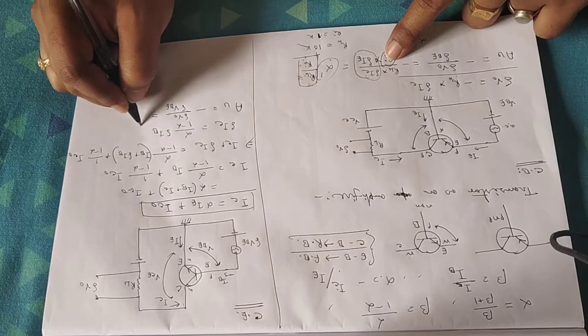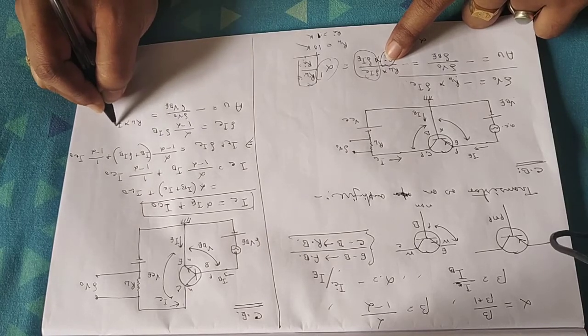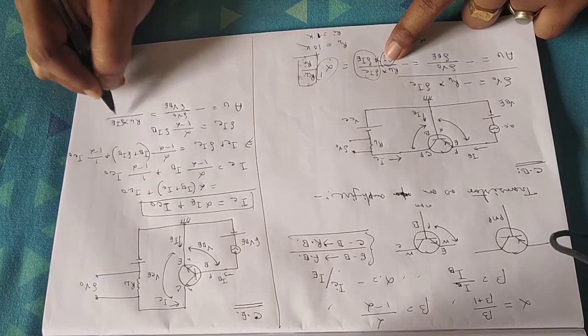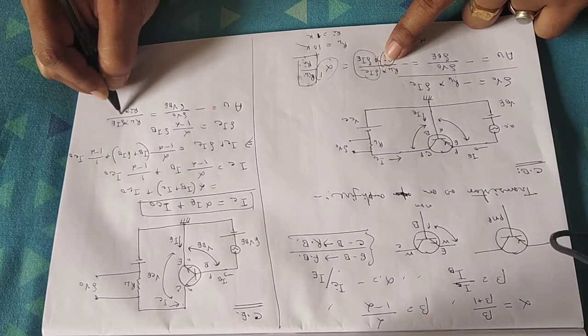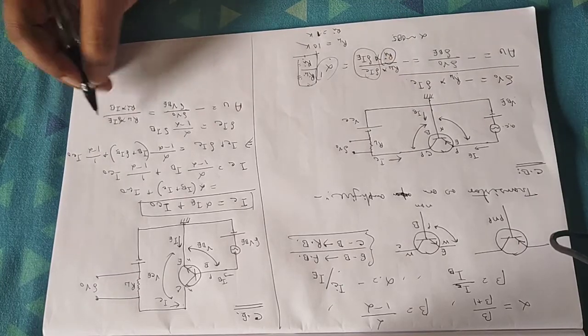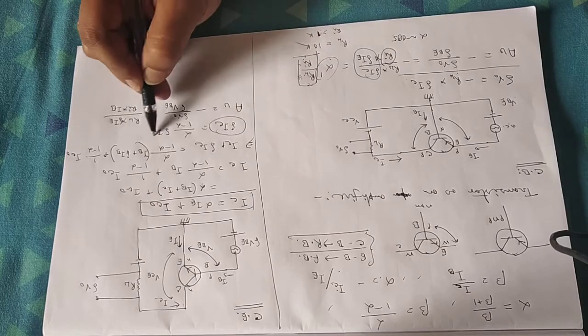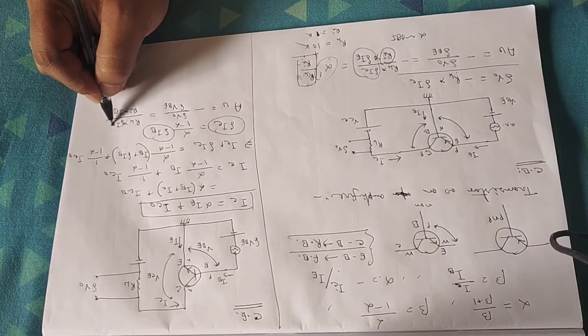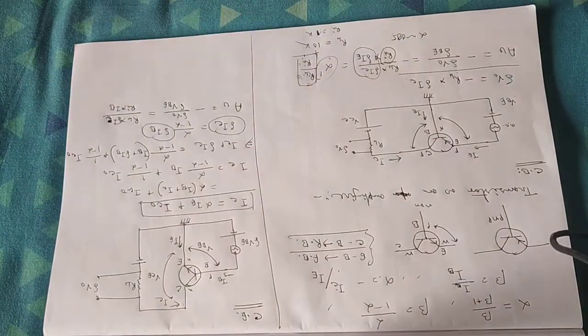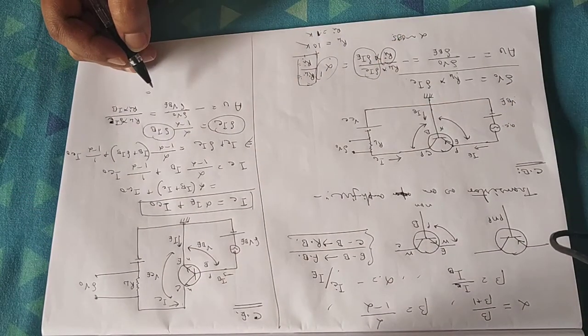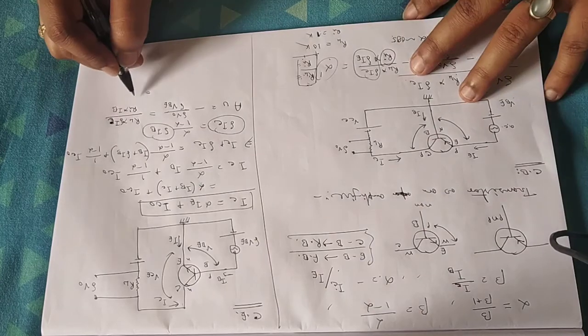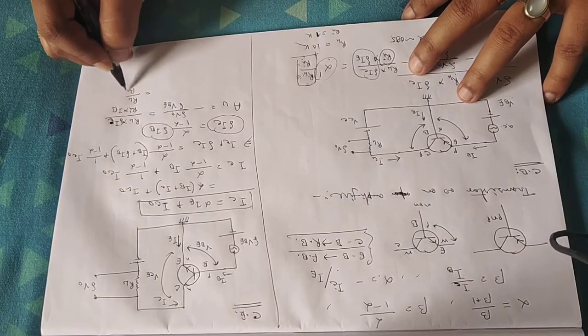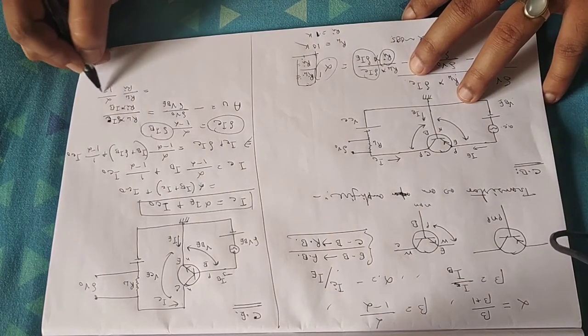That will be equal to RL into delta IC over RI into delta IB. Now you have already calculated the value of delta IC by delta IB. So your result is RL by RI into alpha by 1 minus alpha.